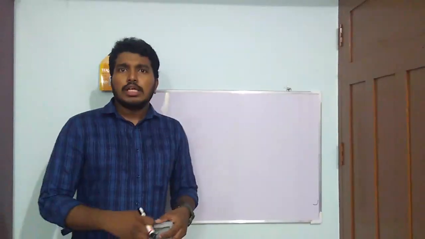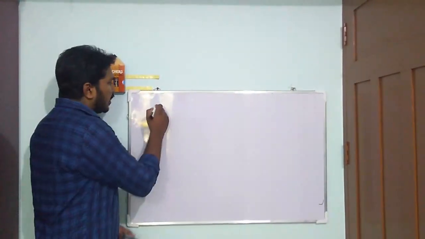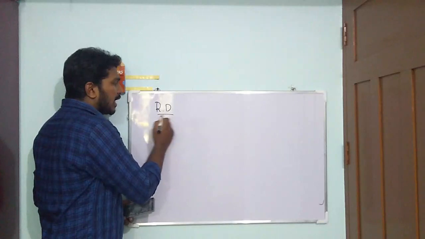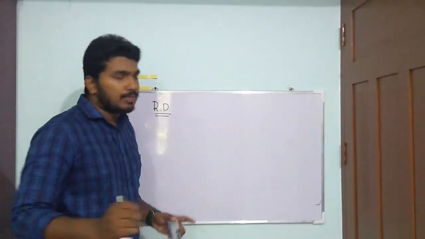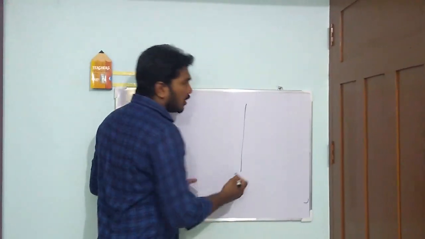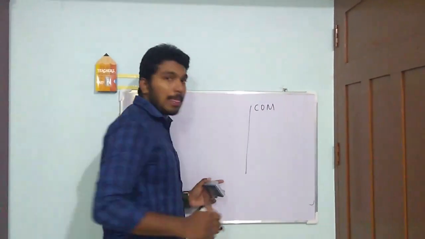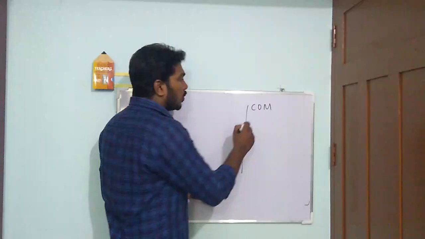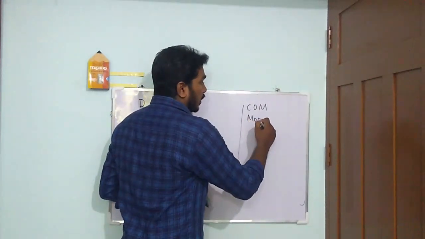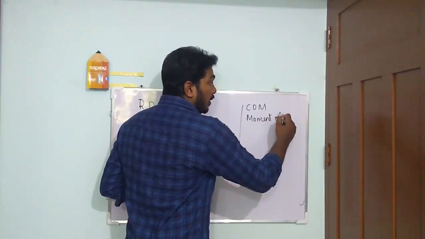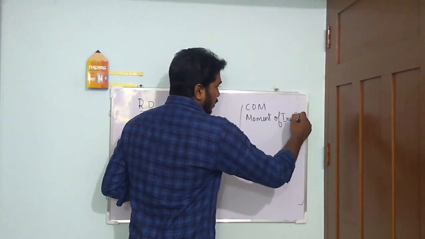Okay. So talking about rotational dynamics, the chapter can actually be divided into mainly 4 parts. The first part will be the center of mass concept. The second part I'll be dealing with is moment of inertia equations.